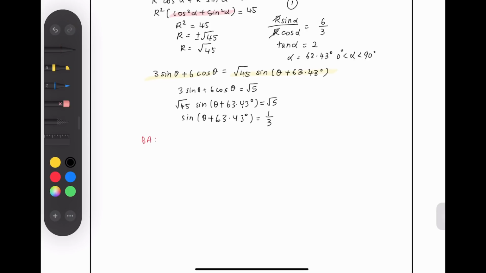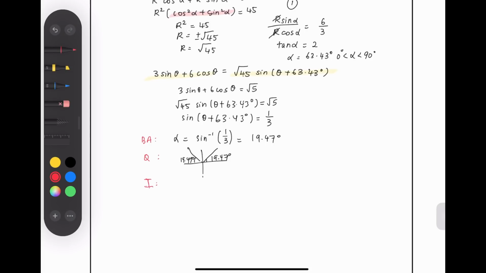And then we can start our bucket. The basic angle: alpha equals arcsin 1/3, and the answer is 19.47. Quadrant: sin is positive for the first and second quadrant, so 19.47 here and 19.47 over here.